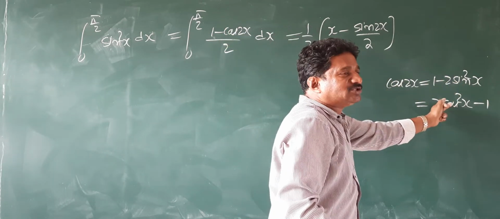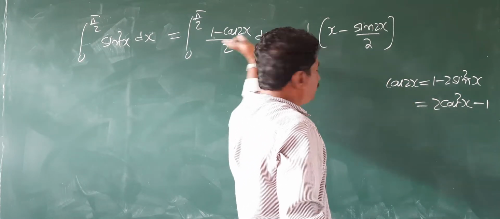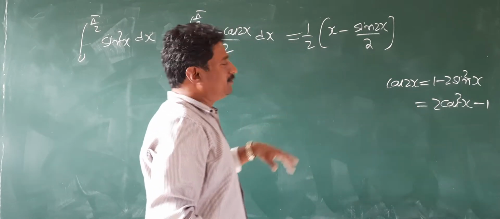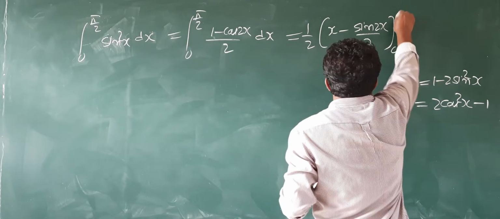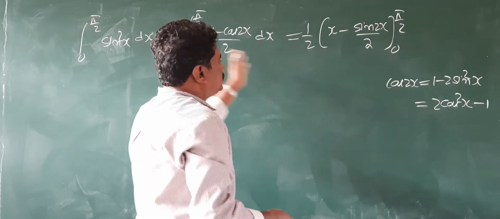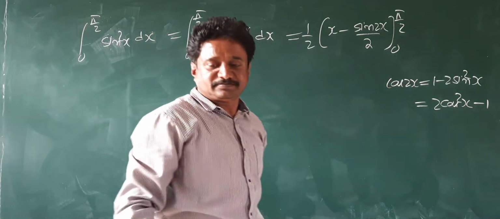Find cos square from the second and you get the cos square formula: cos 2x plus 1 by 2. We get these formulas from those formulas. Apply limits 0 to pi by 2.